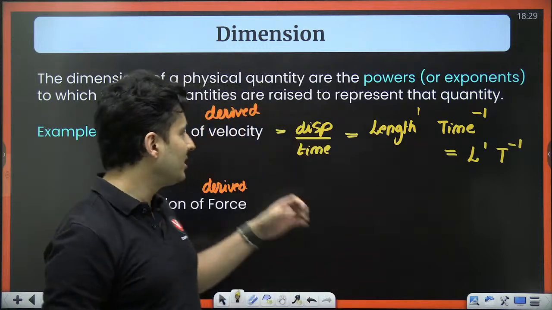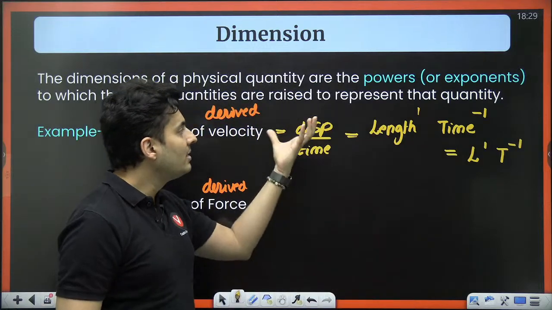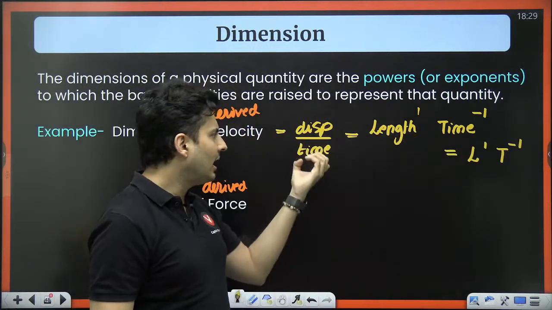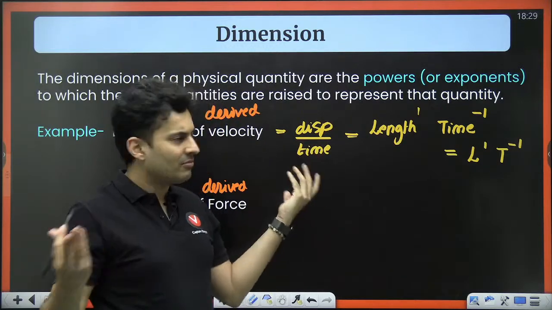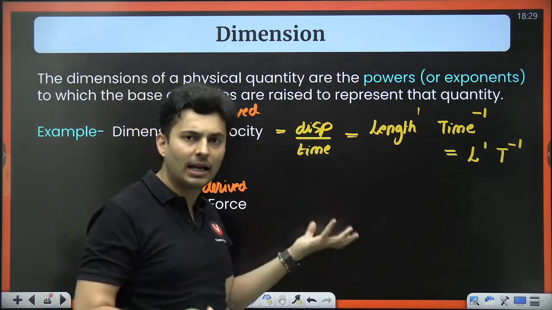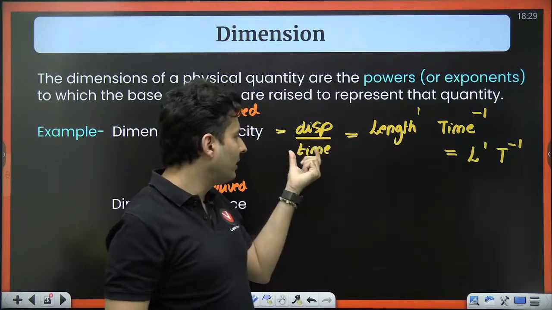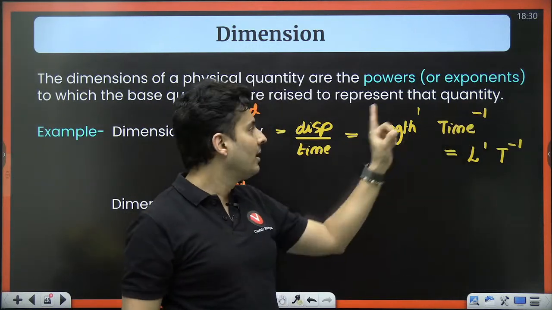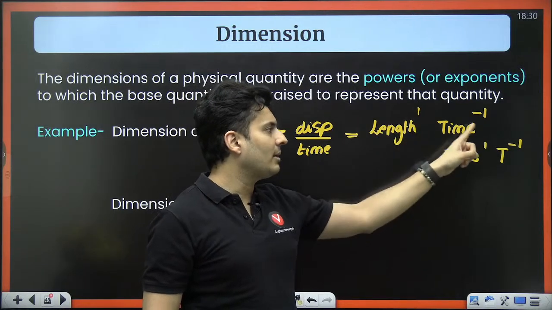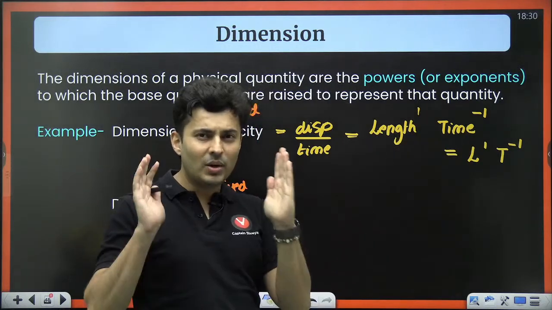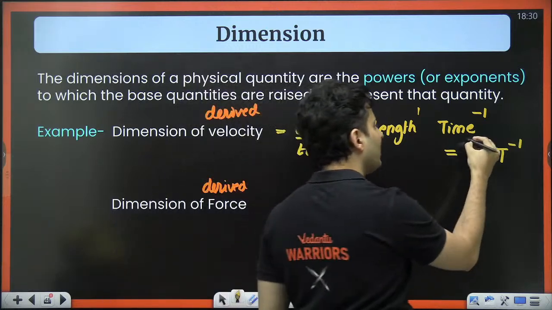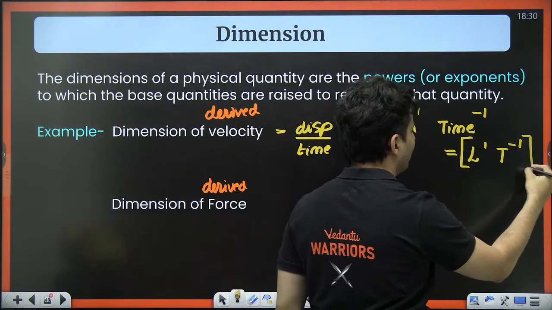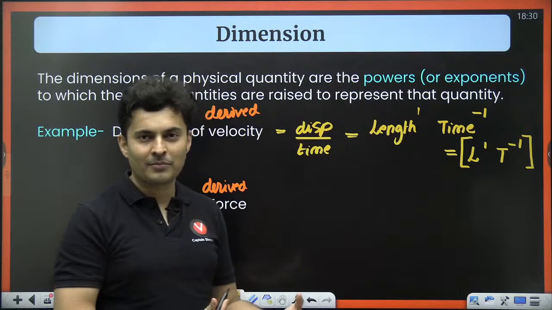Because velocity is measured with displacement and time. Displacement is measured in length. Time is the fundamental quantity to measure time, so it's already fundamental. When you bring it on the top, it becomes raised to a negative power. So length raised to 1, time raised to -1. But whenever you express dimension, always put it in square brackets as a convention, as a rule.